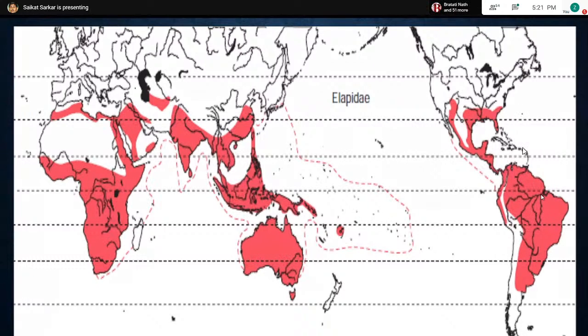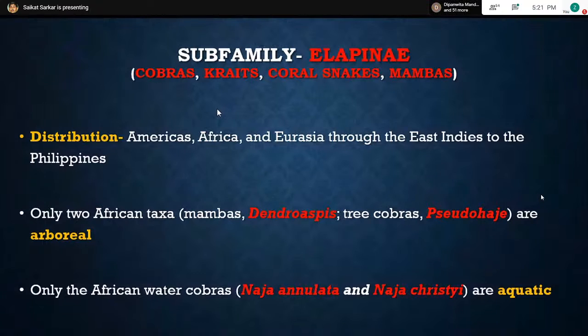So they live in almost the whole world. Elapines, cobras, kraits, coral snakes, mambas: distribution Americas, Africa, Eurasia, through the East Indies to the Philippines. That means almost everywhere. And of course, not in Australia.